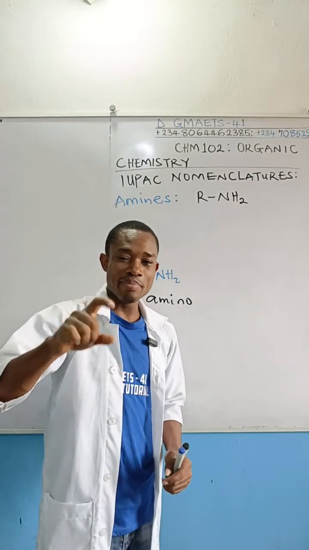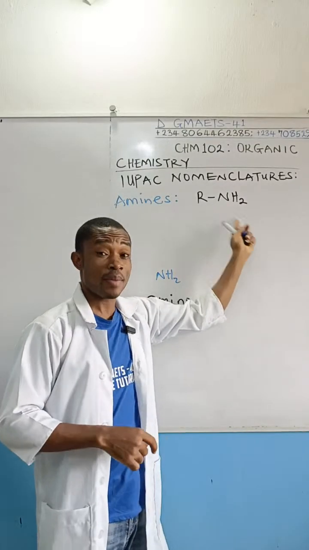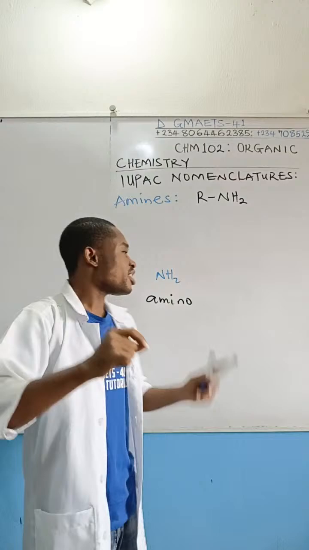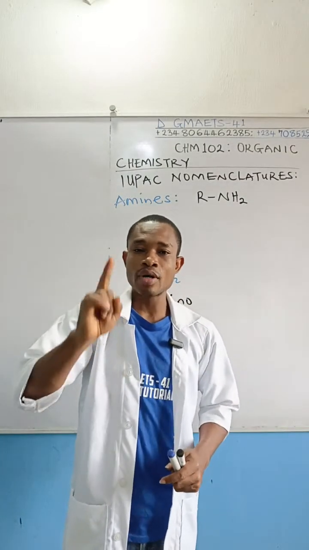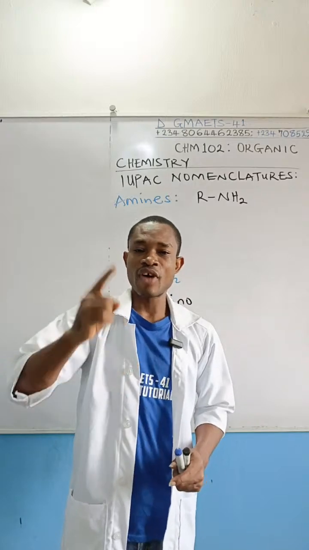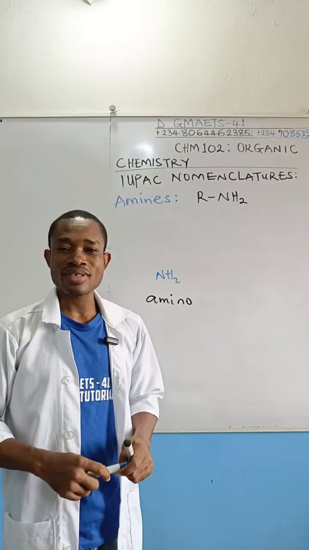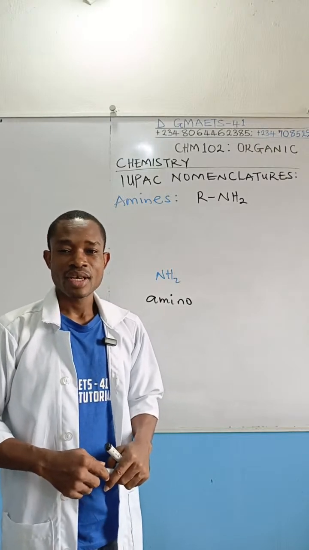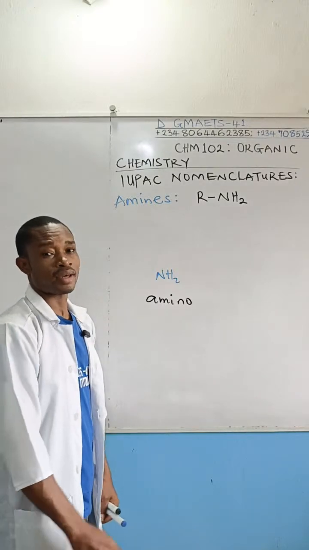Again, however, for primary amines, and this is the general representation of primary amines, if the NH2 is found on carbon number 1, that guy becomes terminal in that case. Although I think if I talk about the pattern of the parent name, it will make more sense.